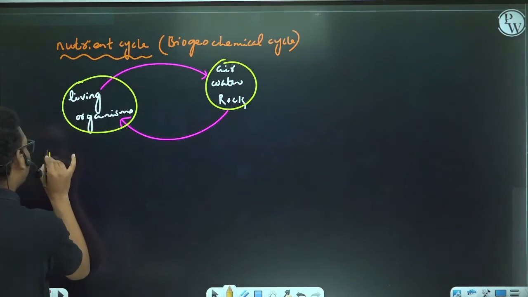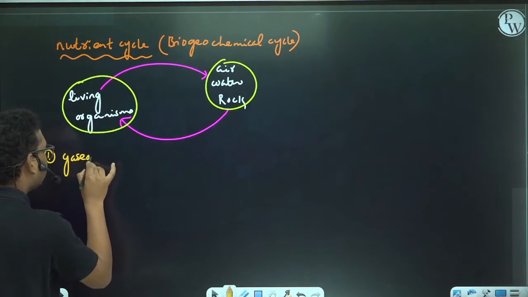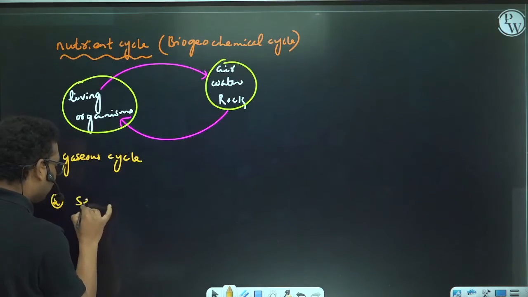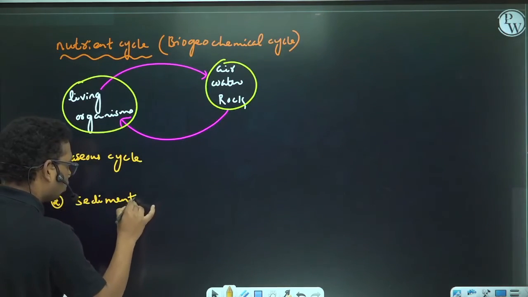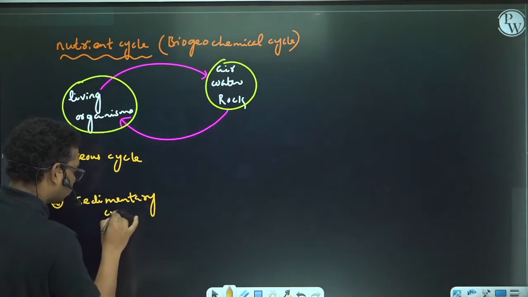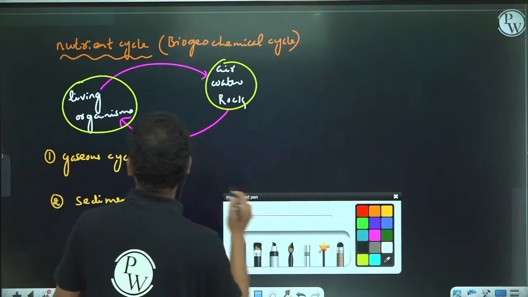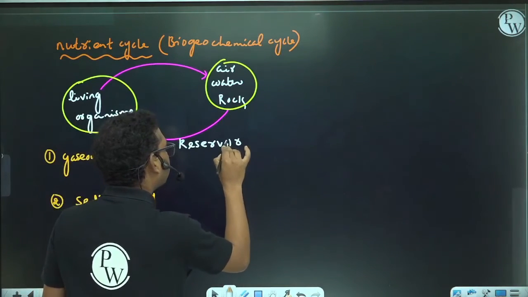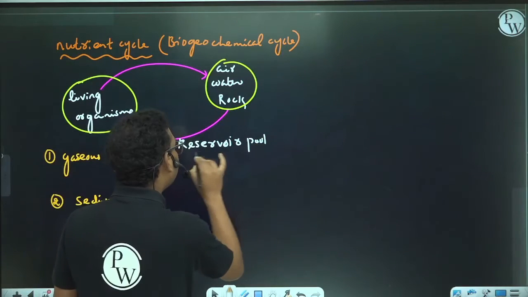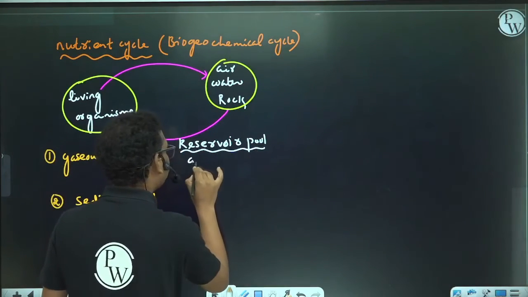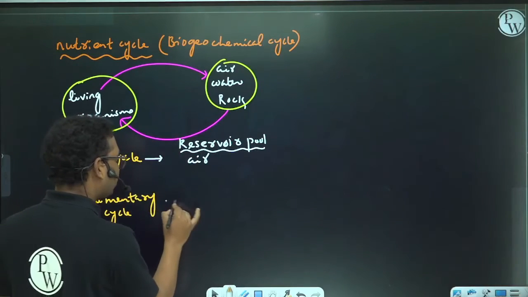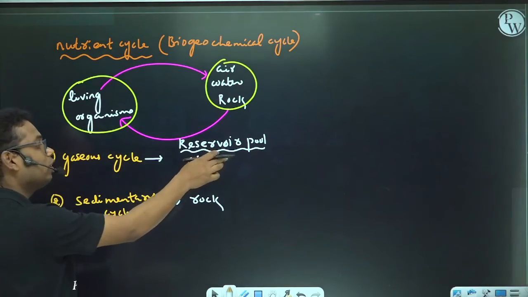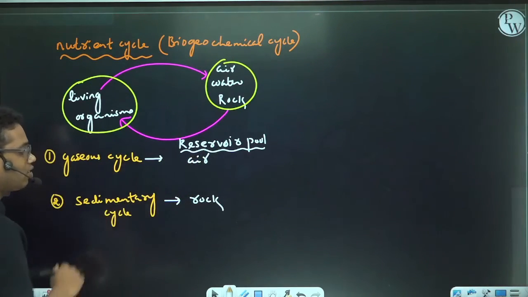One is called gaseous cycle, and the second one is called sedimentary cycle. In the first case, the reservoir pool of the nutrient is air, and in the second case the reservoir pool is rock. If the reservoir pool of the nutrient is air, that is gaseous cycle. If it is rock, it is sedimentary cycle.